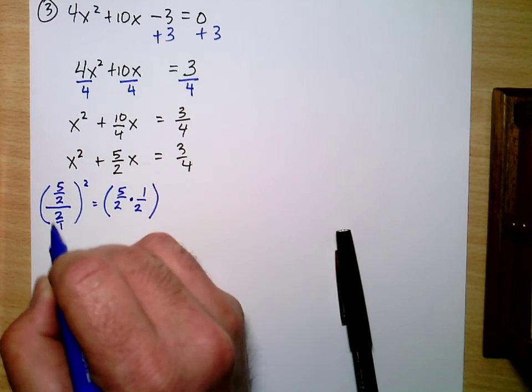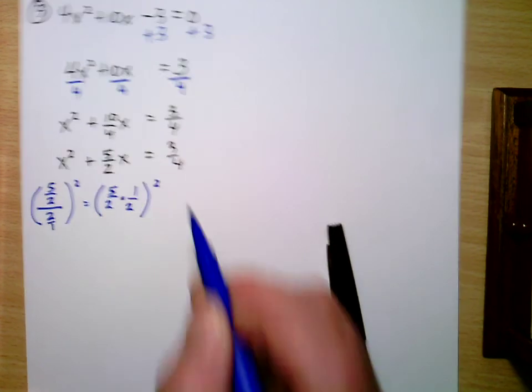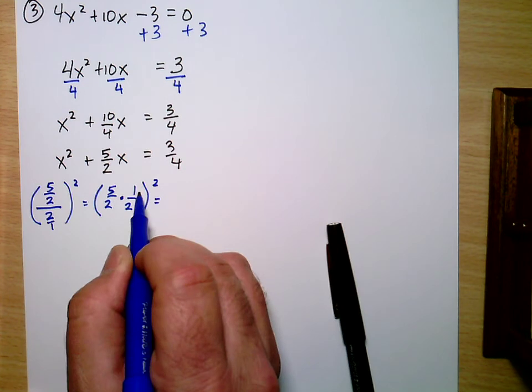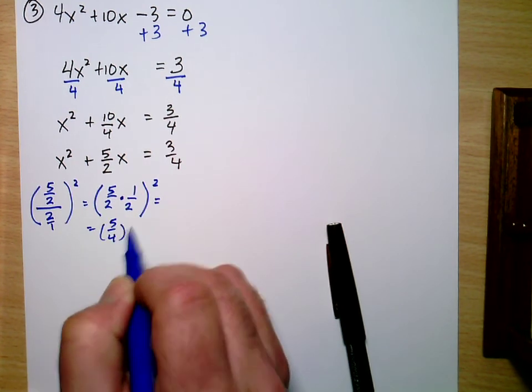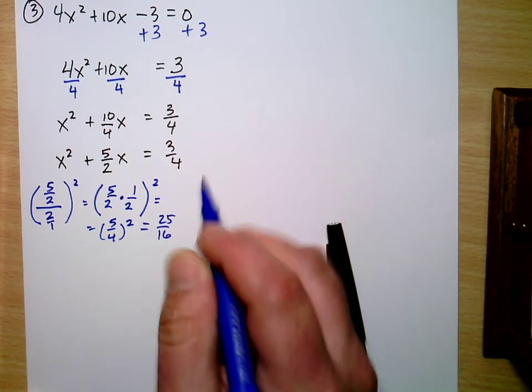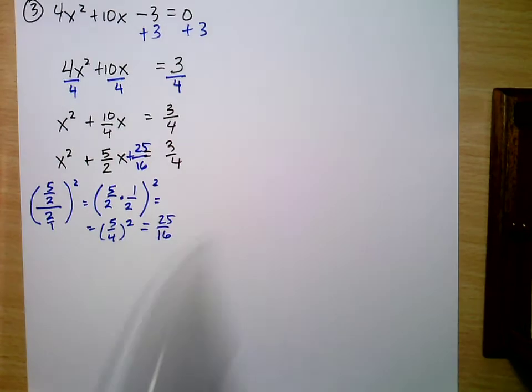We divide by the reciprocal. The reciprocal of 2 is 1/2. And we square it. Well, 5 halves times 1/2 is 5 over 4, and we're going to square that, which is 25 over 16. So that's what we're adding, plus 25 over 16.